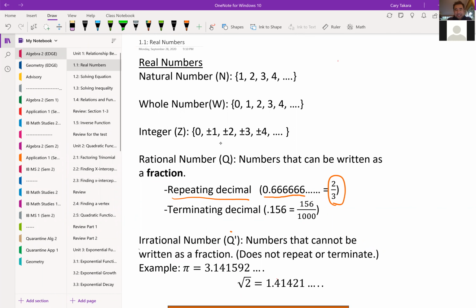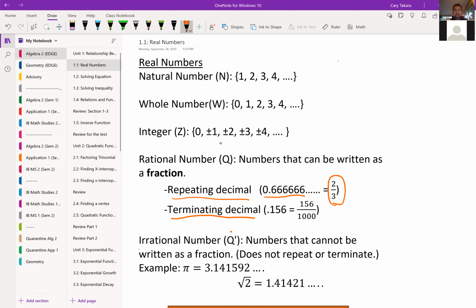The other case is terminating decimal. Now, what does the word terminating mean? Terminate means it stops, isn't it? It's got a lot of different contexts in English, but one of the meanings of terminate is it stops, it finishes, right?